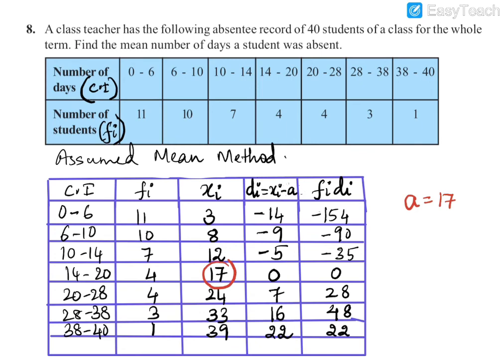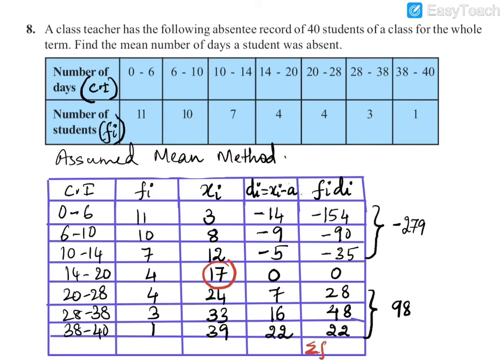Now we will add the negative numbers together and the positive numbers together. On adding negative numbers together, we get minus 279, and 28 plus 48 plus 22 is equal to 98.